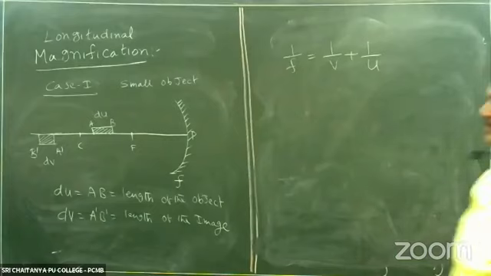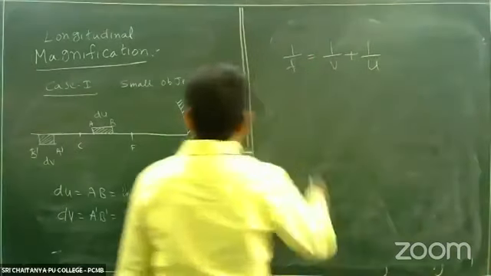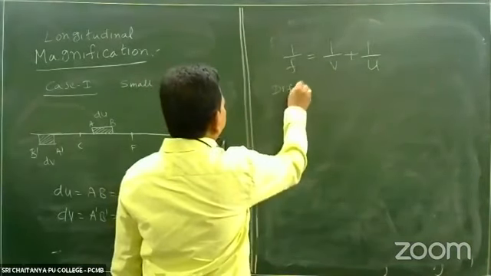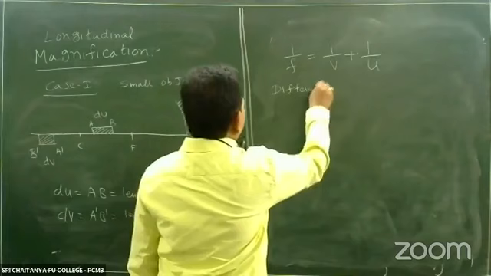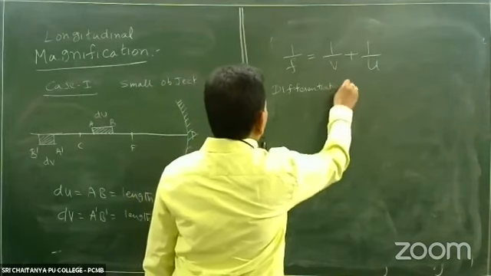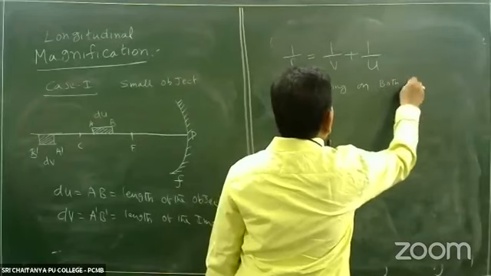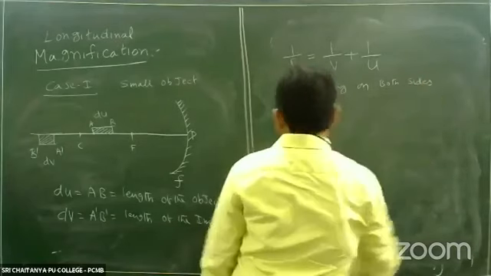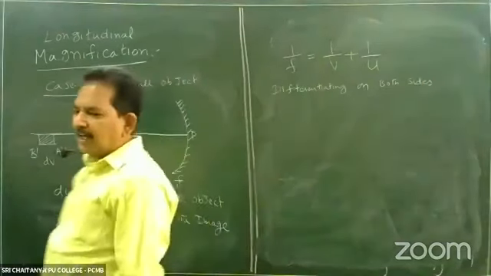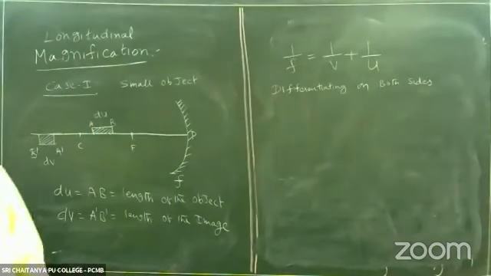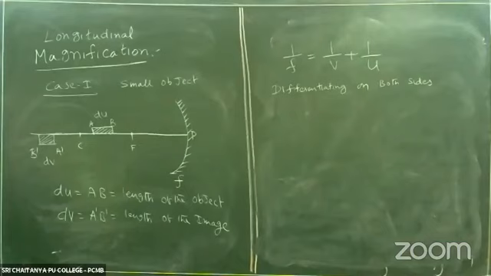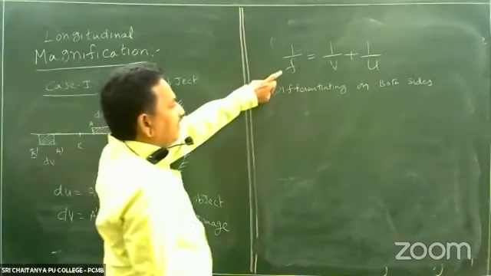Differentiate this on both sides. In that formula, U and V will change, but the F value remains constant.